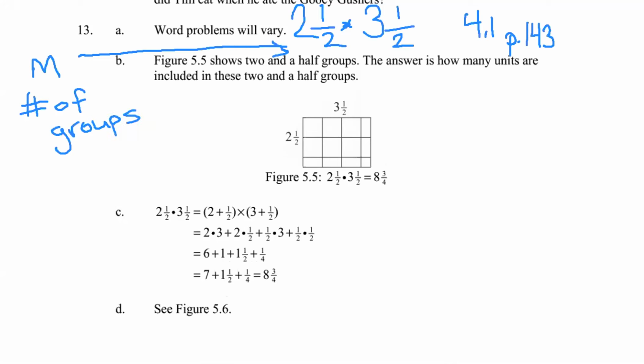And the second number is probably called, let's see, the multiplicand. It's the one being multiplied, and it tells you how many are in each group. So the number in each group versus the number of groups.